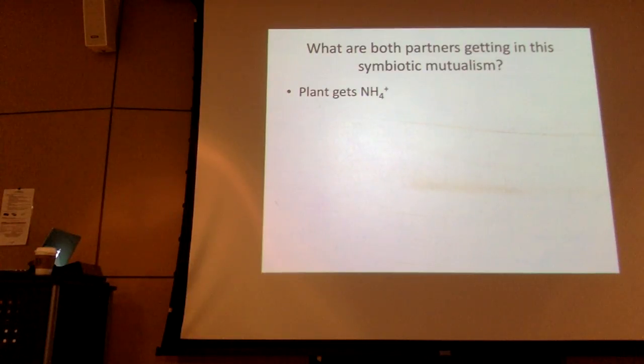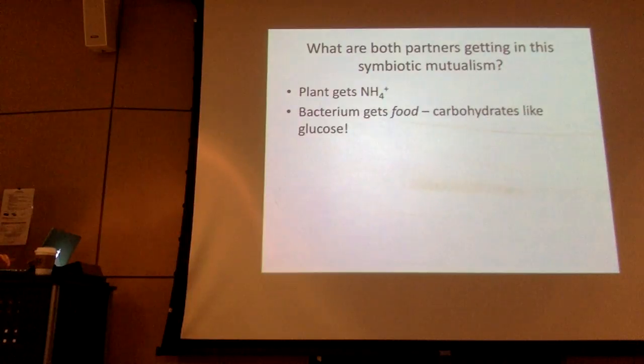Okay. Other ideas? Claire, what do you think? So the plant is like a host. Yeah. So we get food. Absolutely. These nitrogen-fixing bacteria that live inside the roots are getting their food from the plant. They're actually eating the sugars produced by the plant. The ones that are living in the root are not photosynthetic.